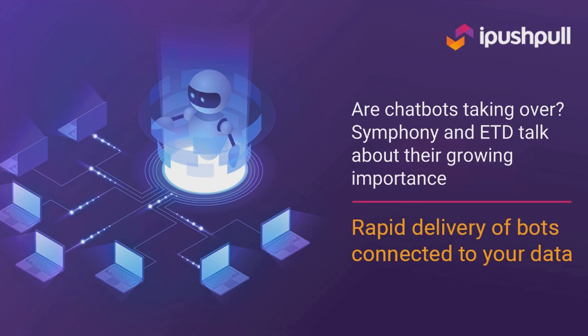So I suppose we should drill down a little bit into how we at iPush-Pull have implemented our bots. Symphony, you've got your own bot framework, which makes it really straightforward for companies to hook up to Symphony Chat.